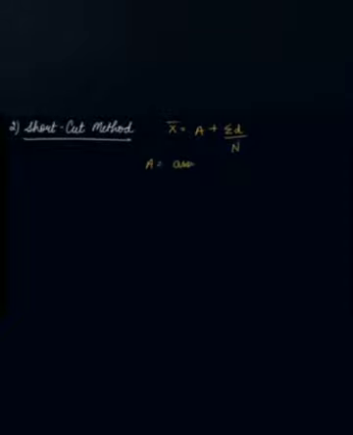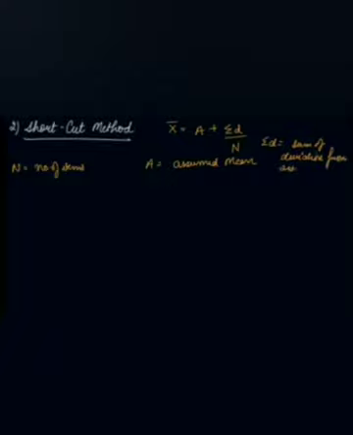In the shortcut method, X bar, the arithmetic mean, is A plus summation D divided by N. A is your assumed mean, N is your number of items, and summation D is the sum of deviations from the assumed mean.